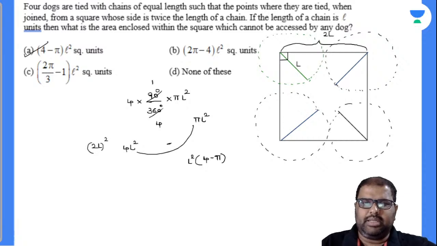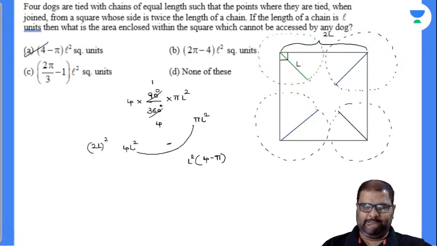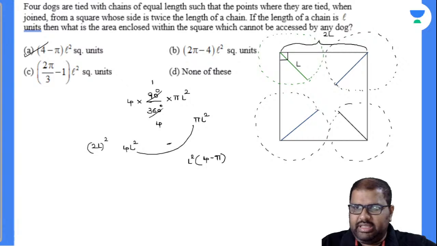So 4 minus pi is my value. How many of you got the same answer there? A, that's an easy question, right? One of the best questions here.